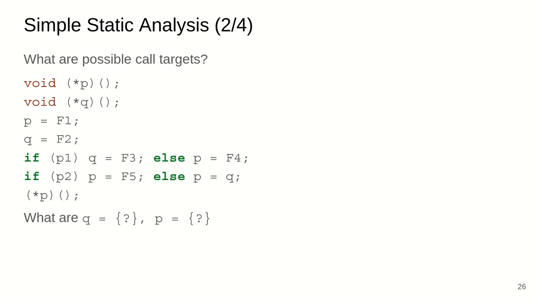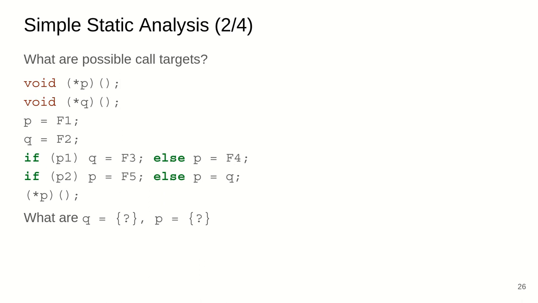Here we could figure out what the possible reaching definitions are for this dereference, for this call to the function pointer p. Right, we've got p and q. These are two function pointers that have different kinds of values, and both of them are assigned multiple times.